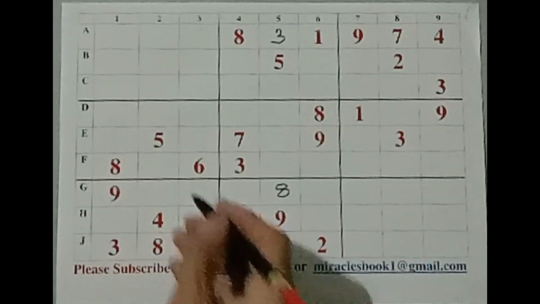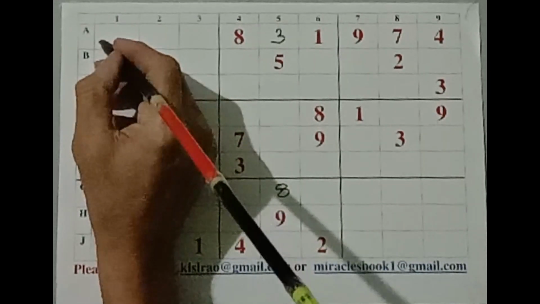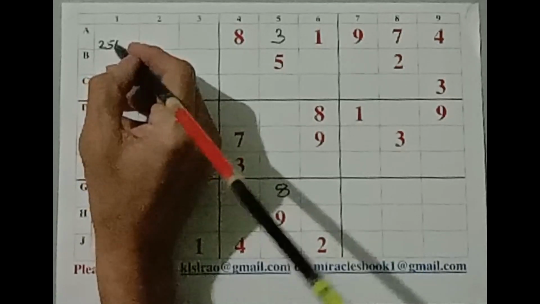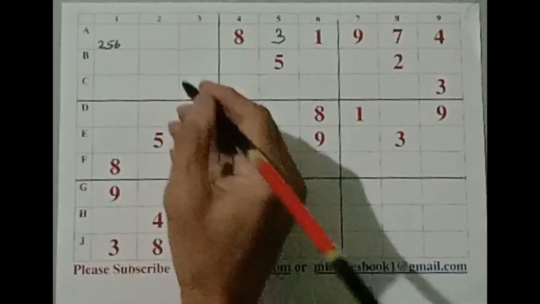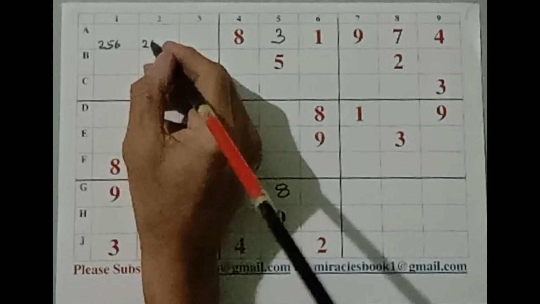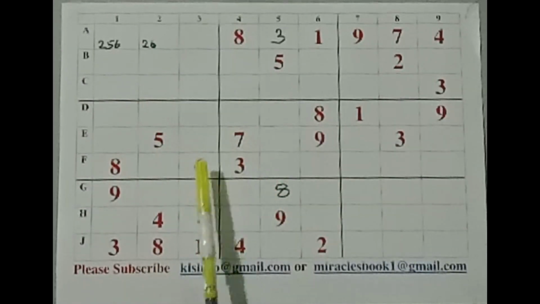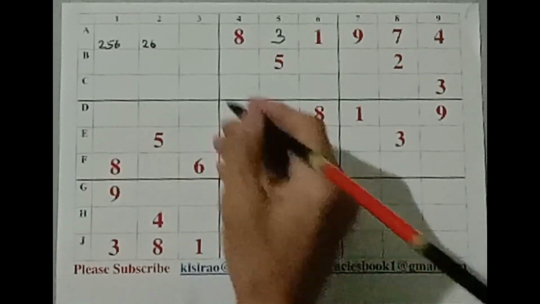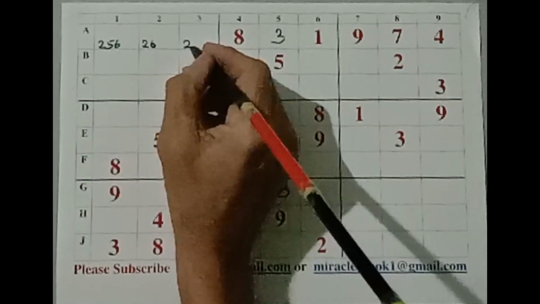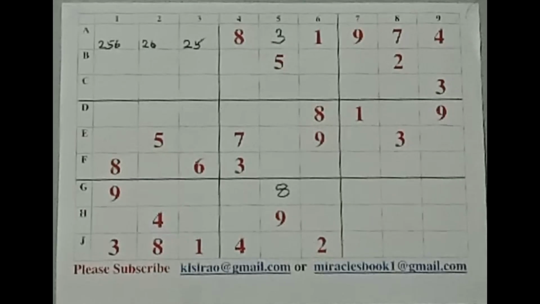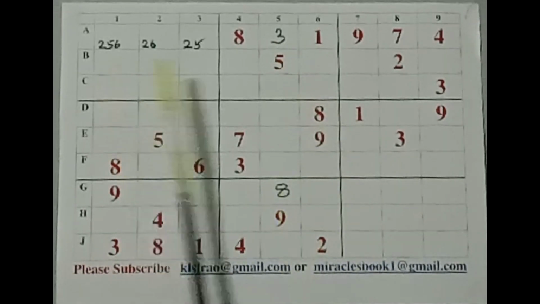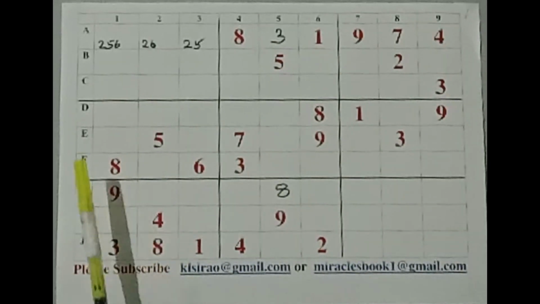So let us write all 3 numbers here, 2, 5 and 6. Here we have a 5, therefore 2 and 6 here. Here we have a 6, therefore 2 and 5 here. Okay. Now let us leave this strip and this strip also and come here.